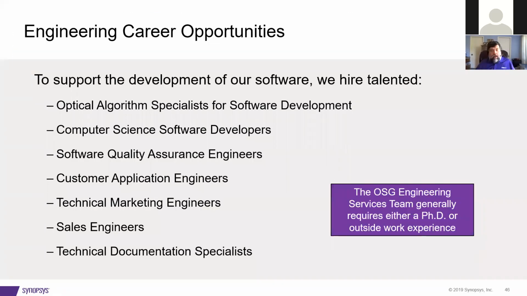Okay, engineering opportunities. So we do hire talented people. We're obviously not a huge team, but there's not a lot of people in the optical industry in general. And so the kinds of people we're looking for: we hire optical algorithm specialists, software development, and computer science people. So there's kind of two kinds of developers we hire.